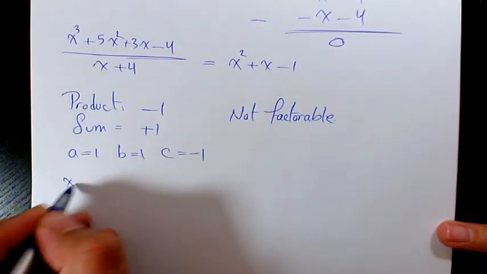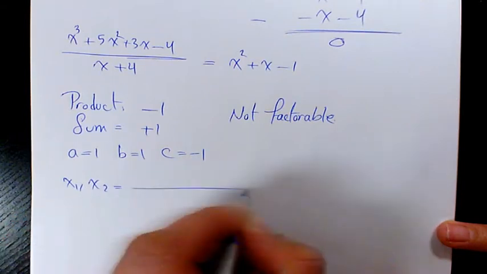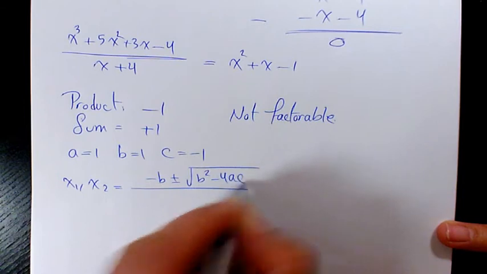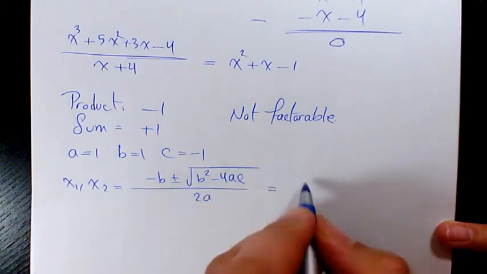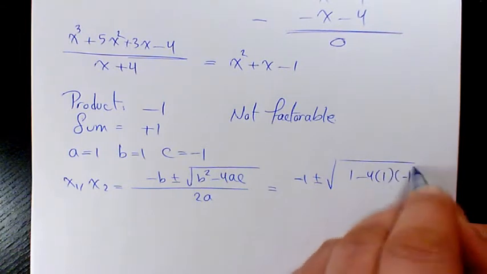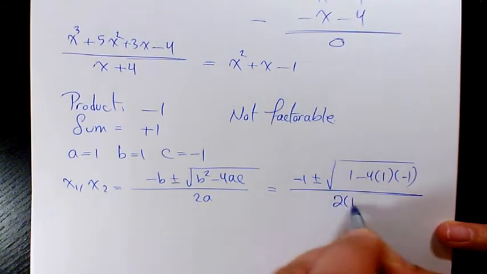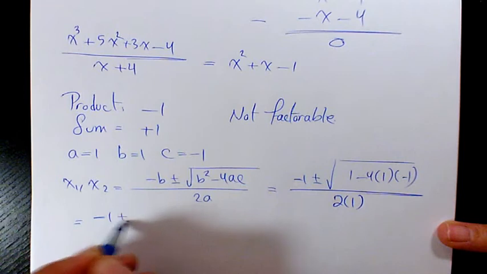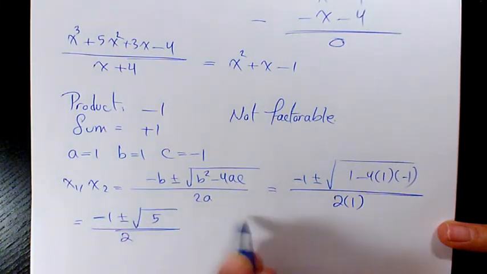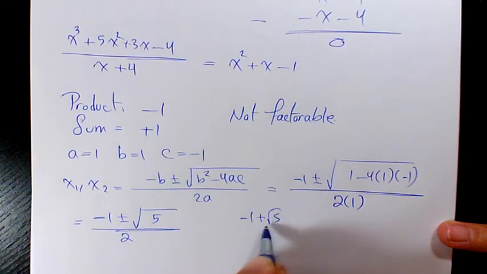The quadratic formula says x1 and x2 are negative b plus or minus the square root of b squared minus 4ac, divided by 2a, which is going to be negative 1 plus or minus the square root of 1 minus 4 times 1 times negative 1, over 2 times 1. So that's going to be negative 1 plus or minus the square root of 5 over 2. Negative 1 plus root 5 over 2.